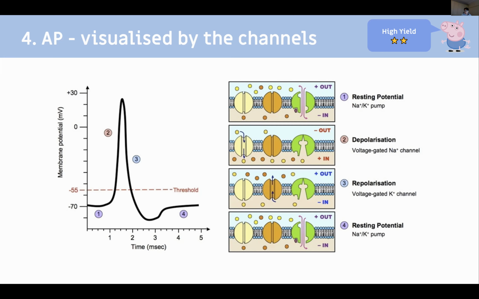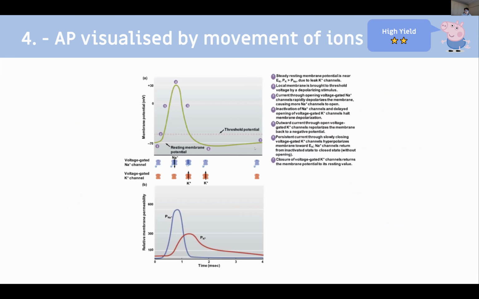During repolarization, we have our voltage gated potassium channels opening, which is going to result in an outflux of potassium. Finally, when both are closed, our sodium potassium pump is going to help us return to our resting membrane potential. And this is just another diagram to show in which direction our ions are moving during an action potential.